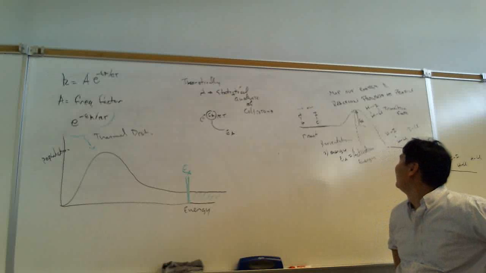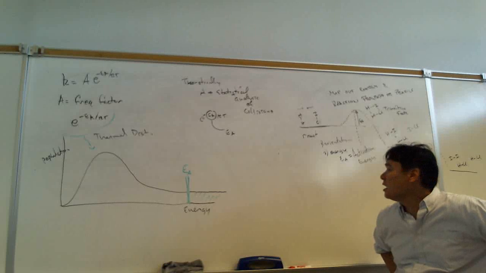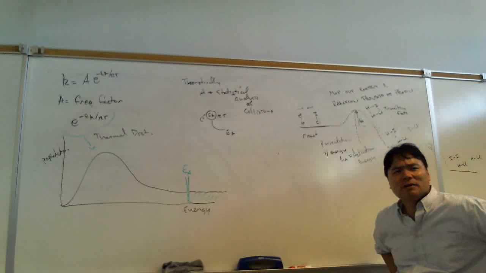EA is the activation energy, but I would have to know the energy of what in order to determine it? It's not just the bond strength. If it were just the bond strength, then I could just look in chapter 9 or chapter 10 and get all the average bond energies. It's a little bit more tricky, because not only are we breaking bonds, we're also forming bonds at the same time.